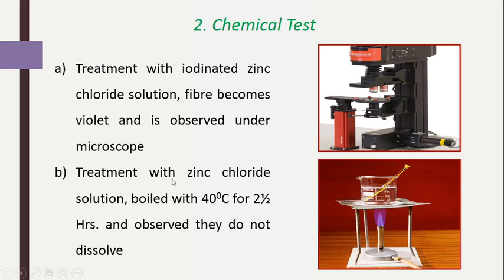So in this chemical test, two tests are done, one using iodinated zinc chloride solution and the other using zinc chloride solution. This is about the chemical test of absorbent cotton.